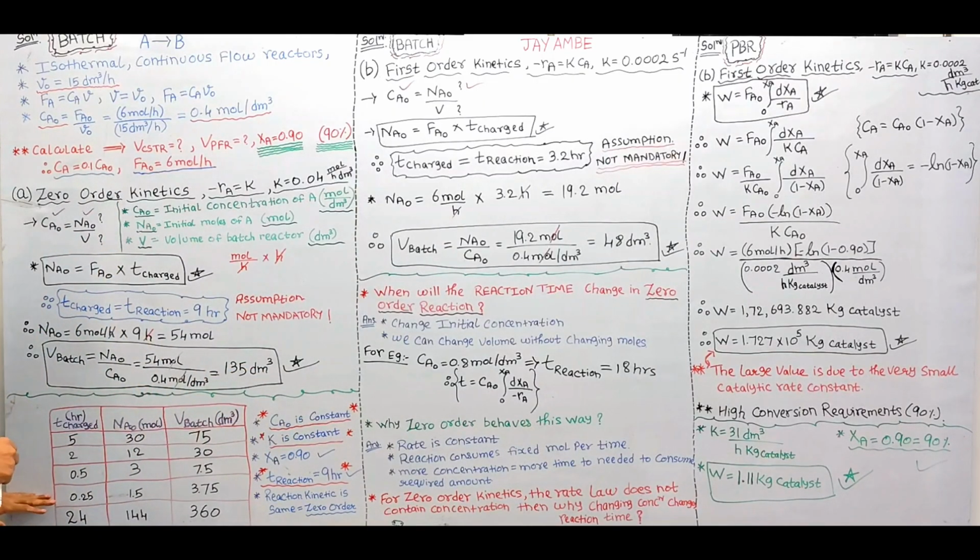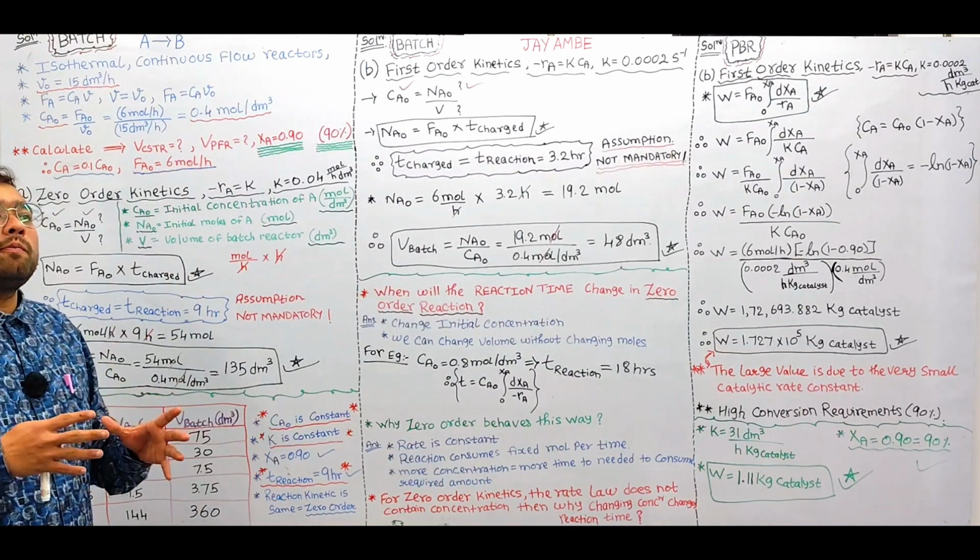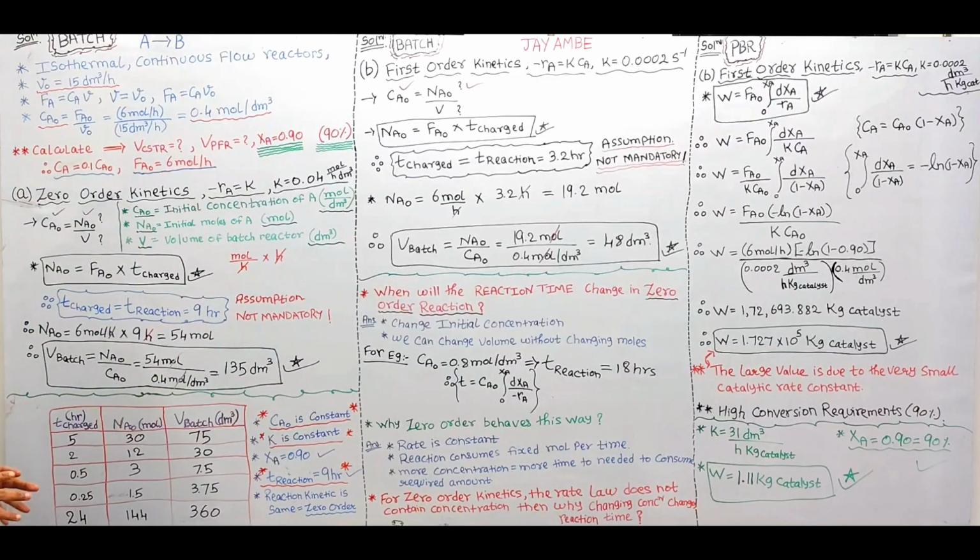Now in the other case, what if I increase the charge time? Let's say I increase the charge time to 24 hours. How many initial moles are present in the reaction environment?